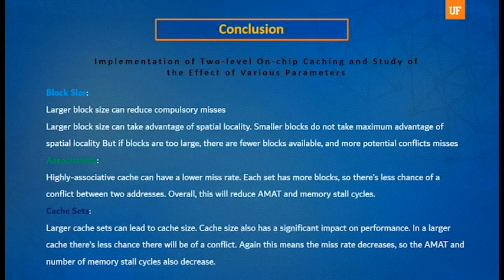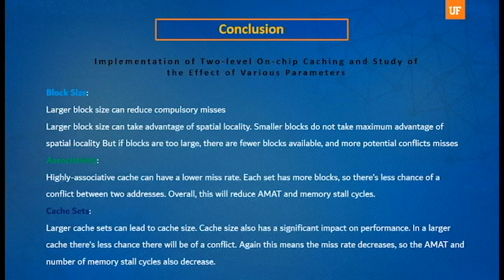But if blocks are too large, there are fewer blocks available in the cache, which can cause more potential conflict misses. A highly associative cache can have a lower miss rate. Each set has more blocks, so there's less chance of a conflict between two addresses.